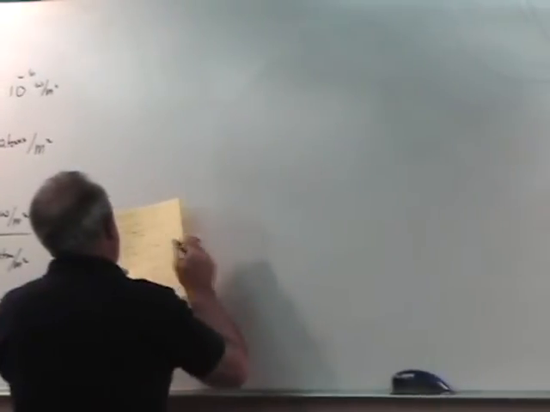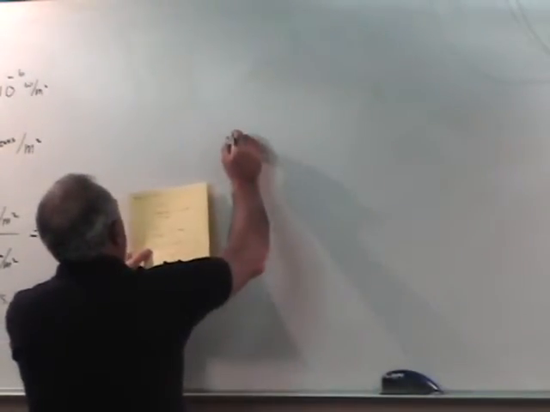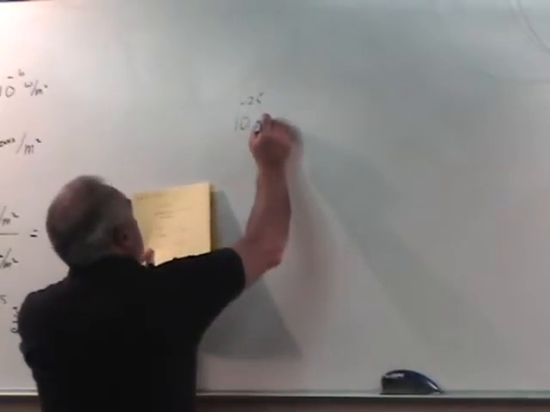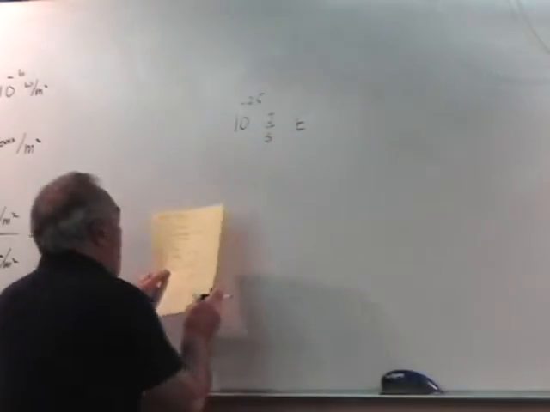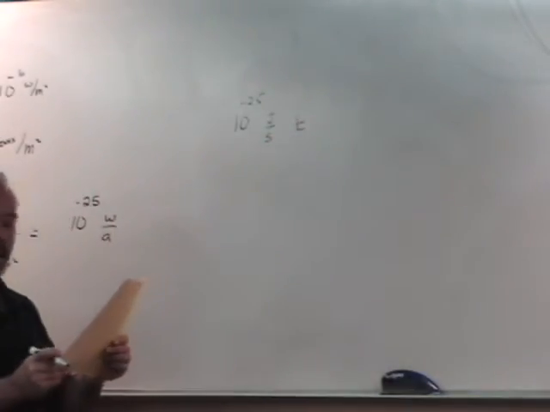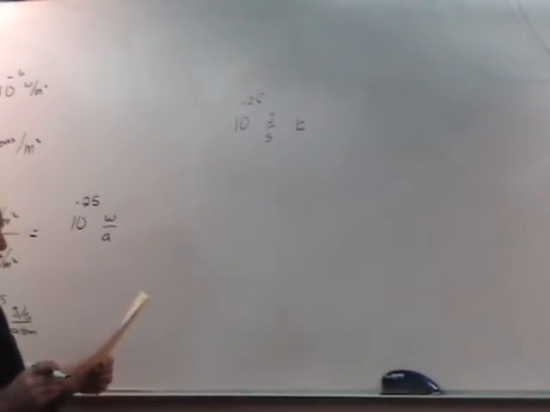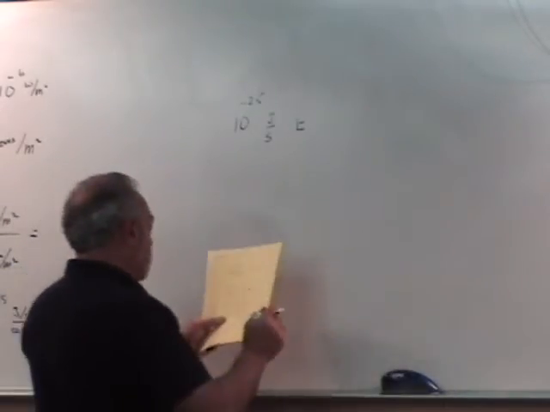So what I did was I said to myself, how long, 10 to the minus 25 joules per second times T, how long is it going to take for this thing to absorb the appropriate amount of energy to liberate an electron?